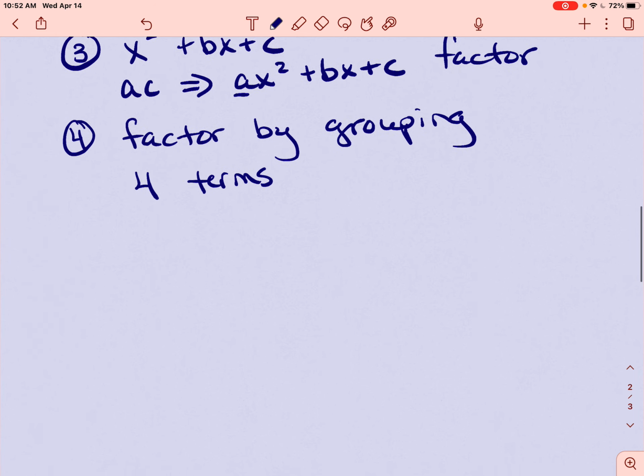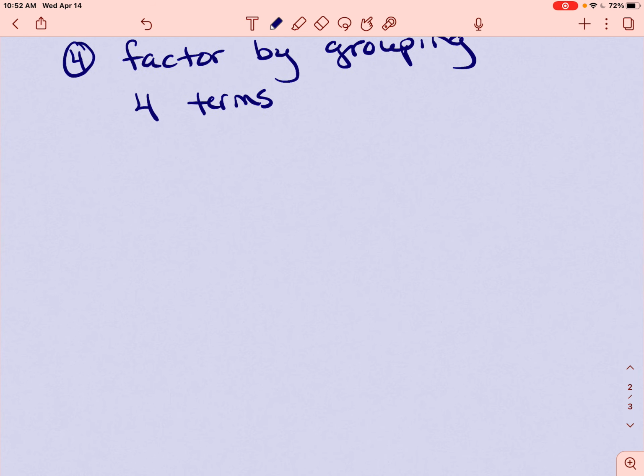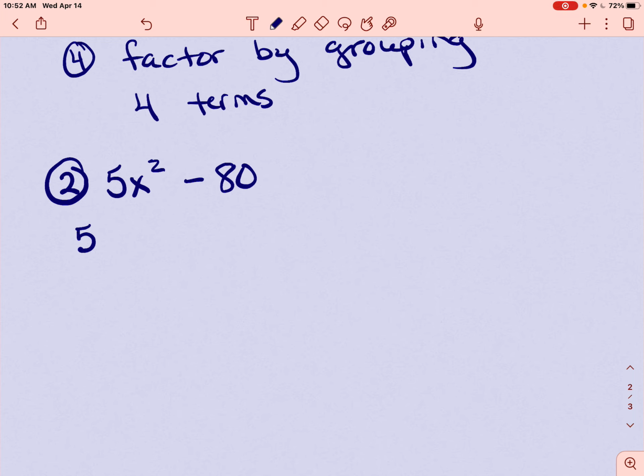All right, so here's another example. This is example 2. We have 5x squared minus 80. Step 1, I just have to see if there's a common factor, and there is. There's a common 5. It's going to leave behind x squared minus 16, right?